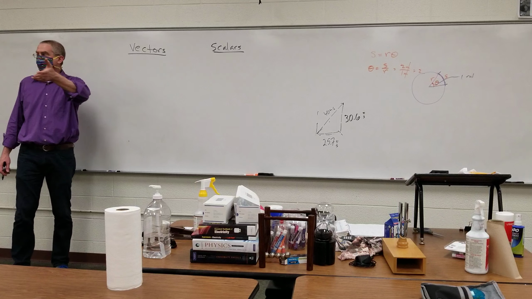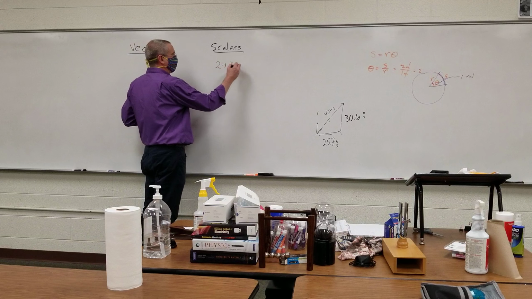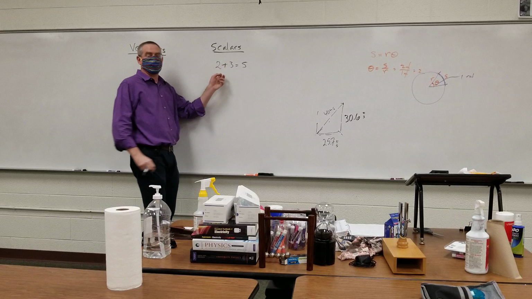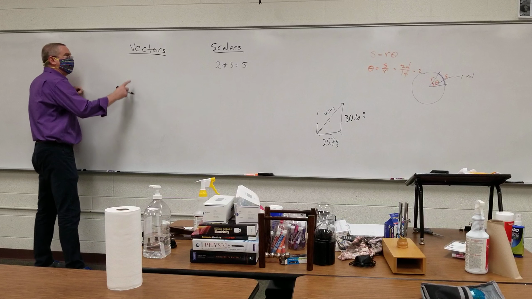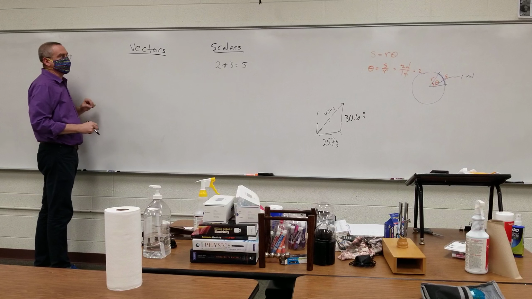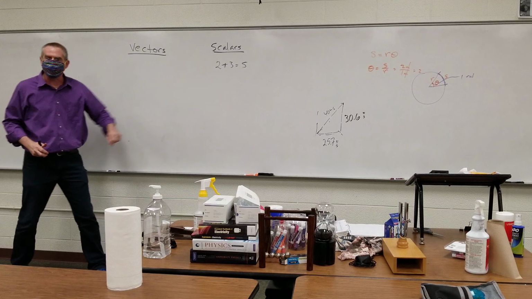I want to give you an example of vector math. So, scalar math, first off, 2 plus 3 equals 5. If that is a shock to you, we probably should talk after this. But if I'm dealing with vectors, that is basically what we were just doing over there with the right triangles.